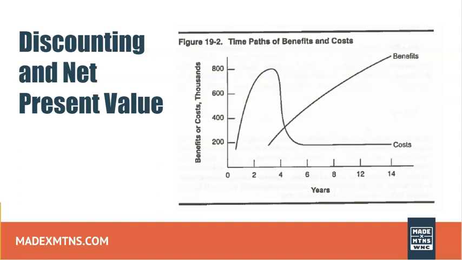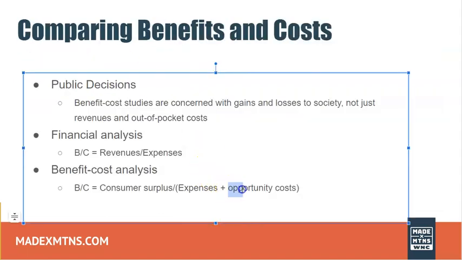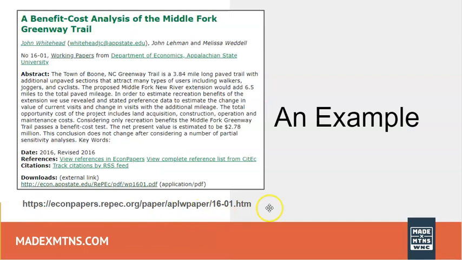And there is also opportunity cost built into that, in terms of the opportunity cost of the land that's being used for the greenway. And so you can see how opportunity cost might factor into a benefit cost analysis.